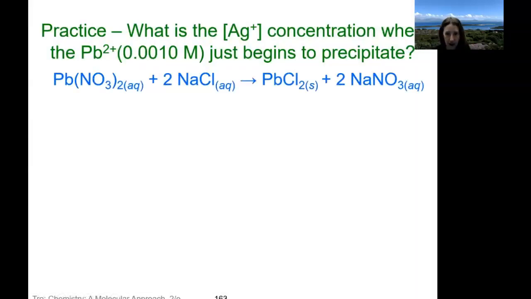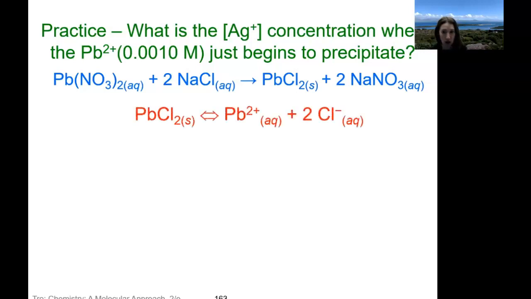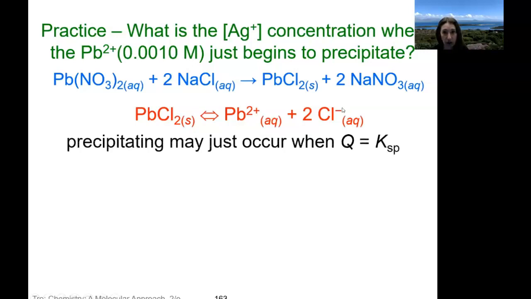So here's our overall reaction. Once the Ag plus concentration, when Pb2 plus just begins to precipitate, that means we need to find PbCl2 first. Remembering, when something precipitates, that means Q equals K, right? When we do our Q, our equilibrium expression, it's just going to be Pb times Cl squared.